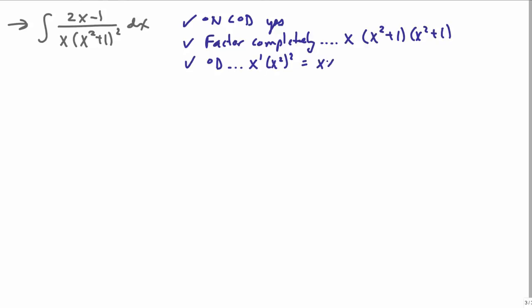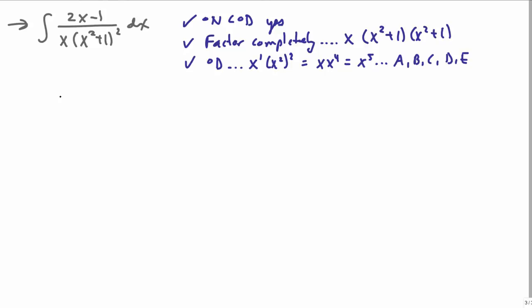So this would be x times x to the fourth, which would be x to the fifth. So that means I'm going to have the letters A, B, C, D, and E for this problem. So I'm going to be using all of those letters because I have highest power in the denominator would be to the fifth once I combine these, and then I would have 5 constants that I would need to solve for then. So let's go ahead and start writing these out.